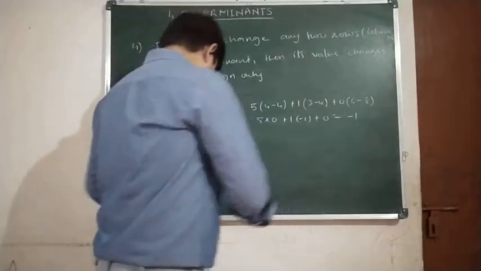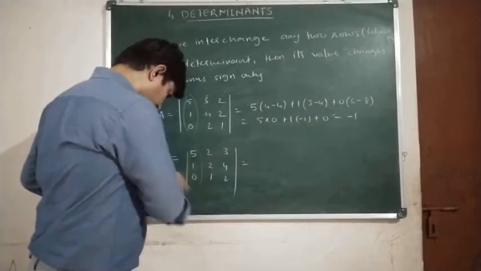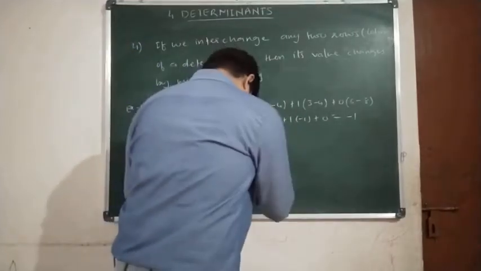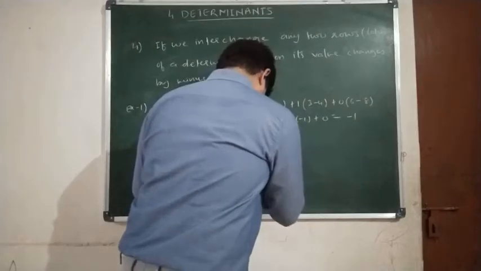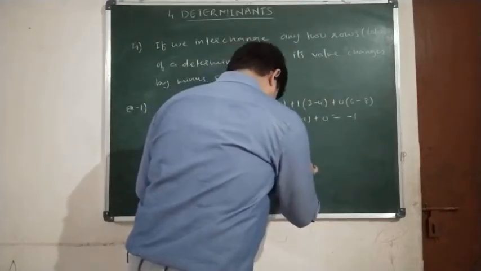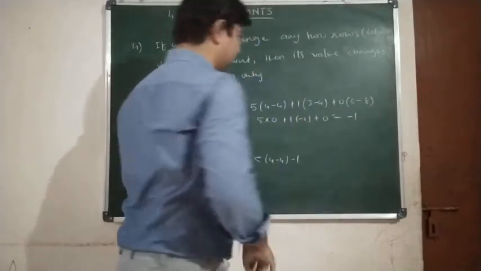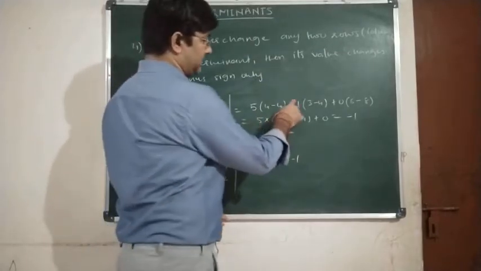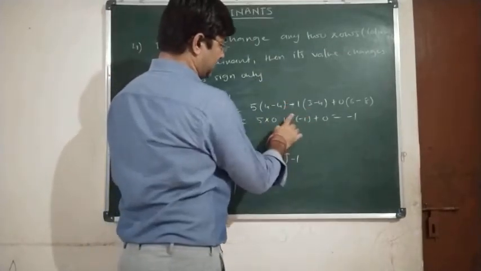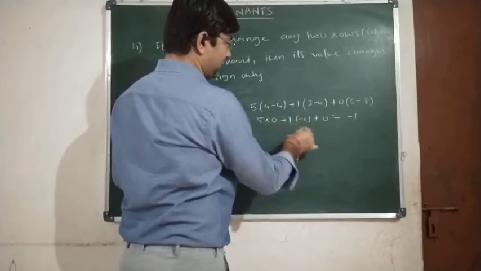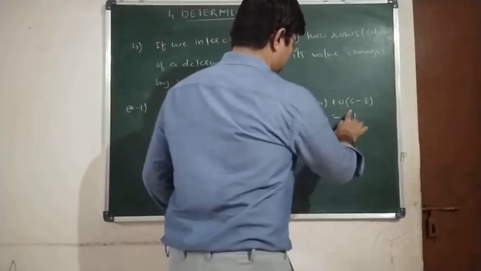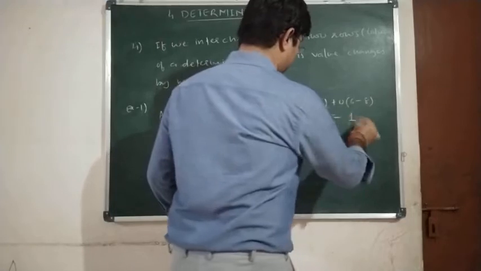Let us check. Let us expand this along the first column only. So 5 into 4 minus 4 minus 1. Here minus sign will come. Okay, this was a mistake. So let us change this to minus sign. So minus minus plus 1. Okay, or simply we will write down 1.